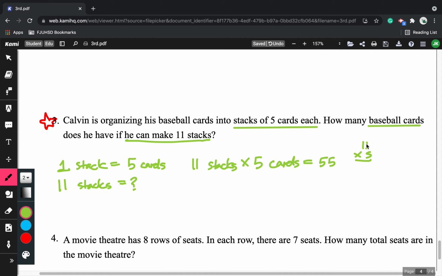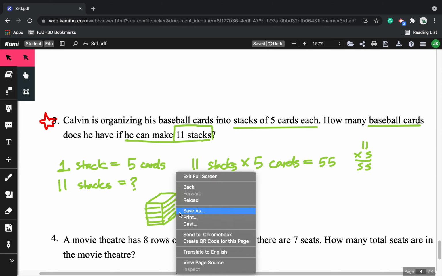If we go down this way, 1 times 5 is 5, and 5 times 1 is 5. If you're confused why we have to multiply, it's because, let's say this is a stack of 5 cards. And it says how many baseball cards does he have if he has 11 stacks.